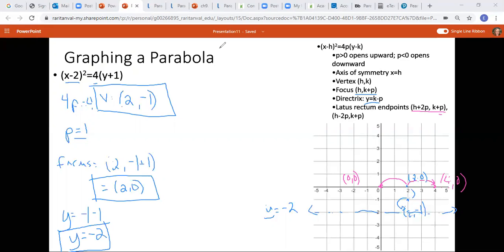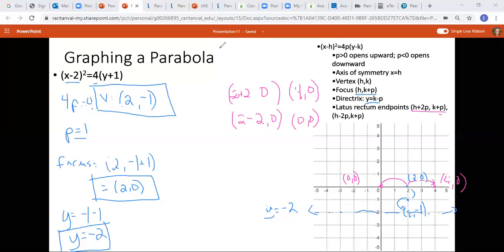Well, k plus p we know is 0, so they're going to have the same y value as our focus. And then h plus 2p, our h was 2, plus 2, and 2 minus 2. So this becomes 4, 0, and 0, 0.